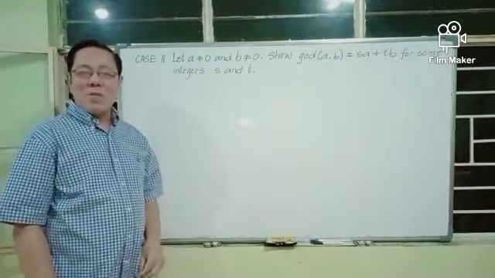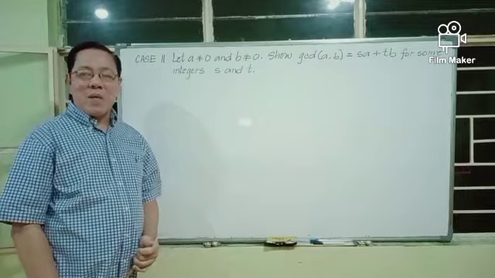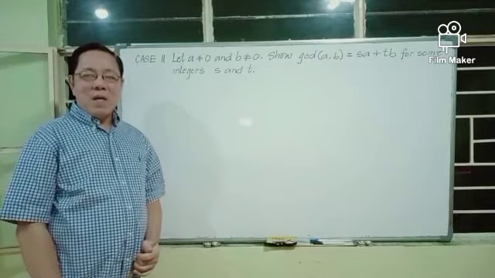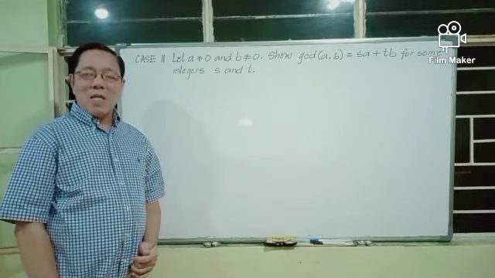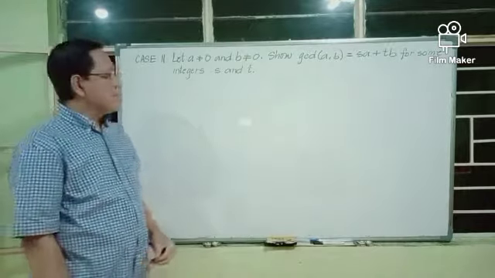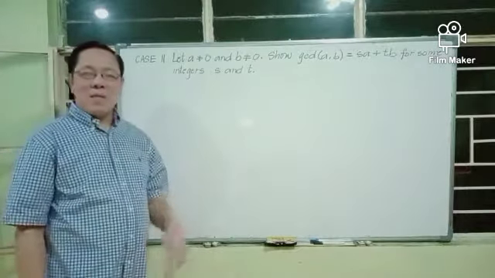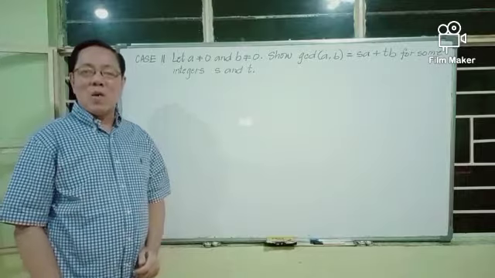And to do that, we let capital P be the set of all linear combinations of the integers a and b that are not both equal to 0.